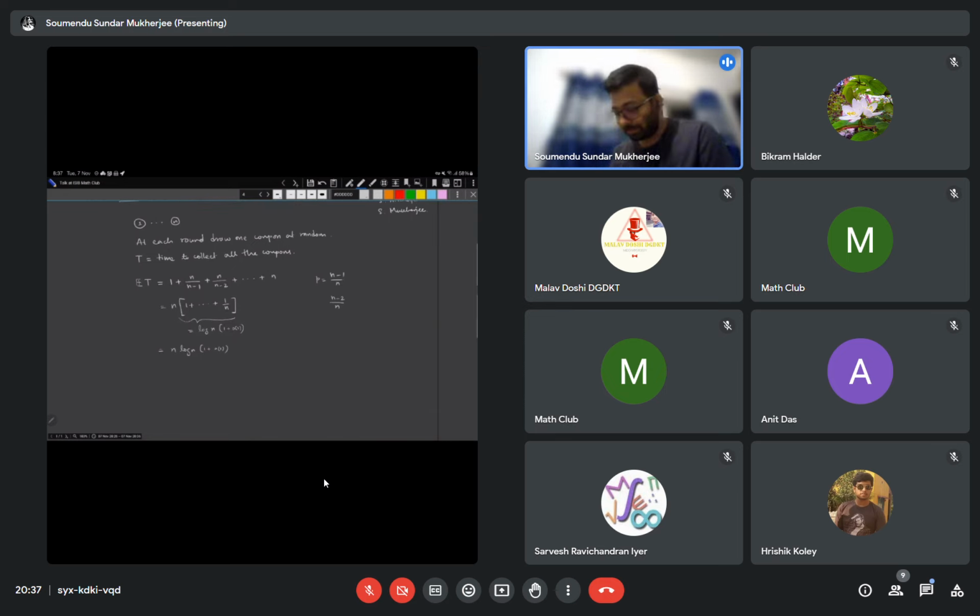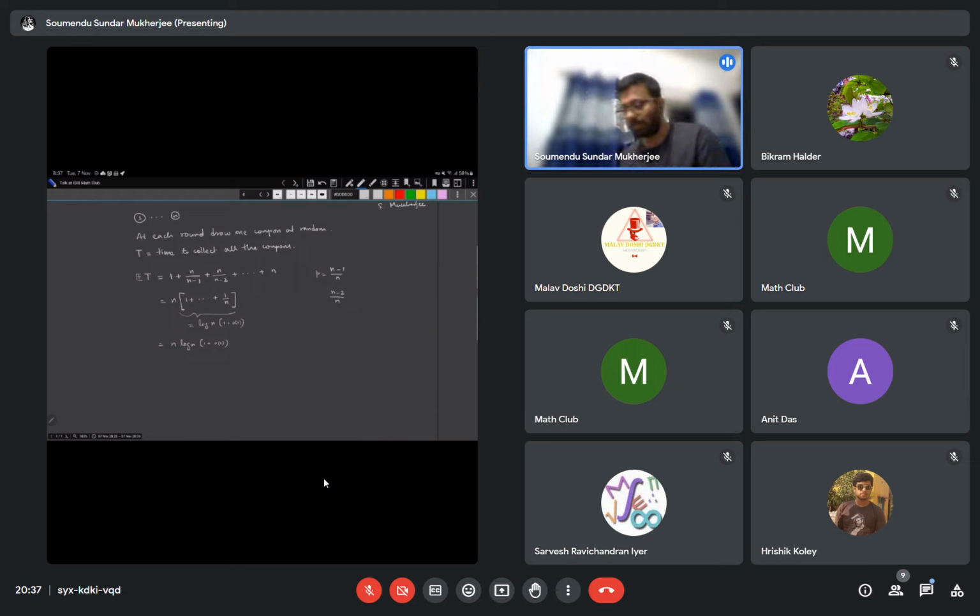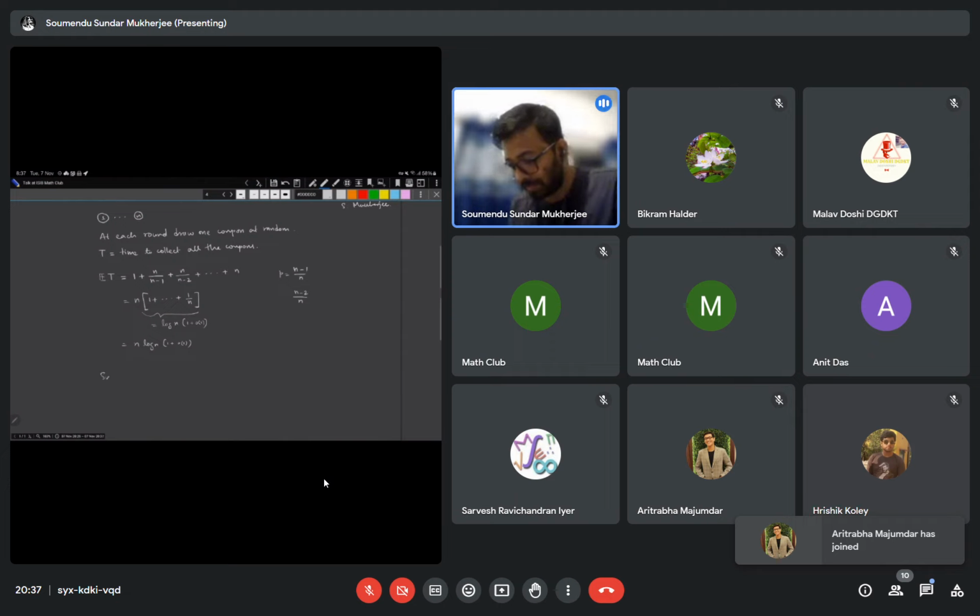Okay, I have a question for you. Suppose instead of drawing one coupon at random, at each round I draw, let's say, R coupons at random without replacement. Then what do you think? How long will it take on an average?